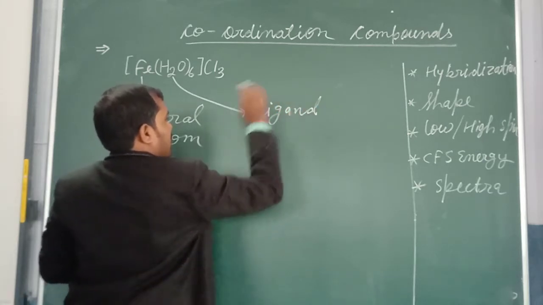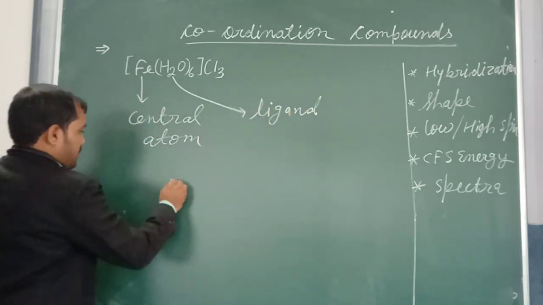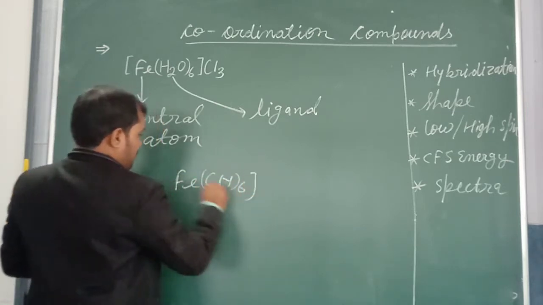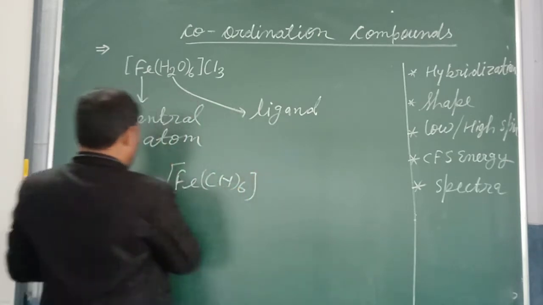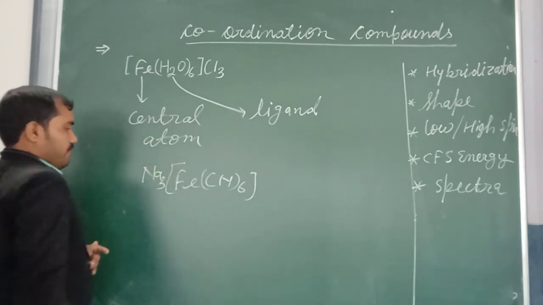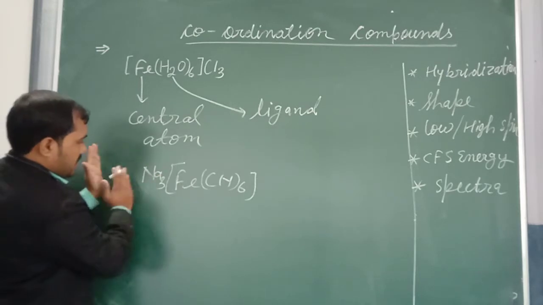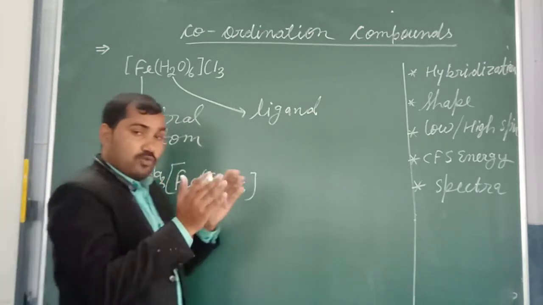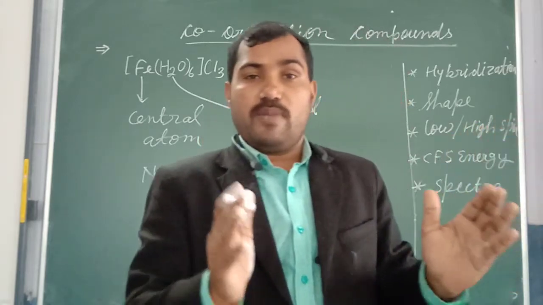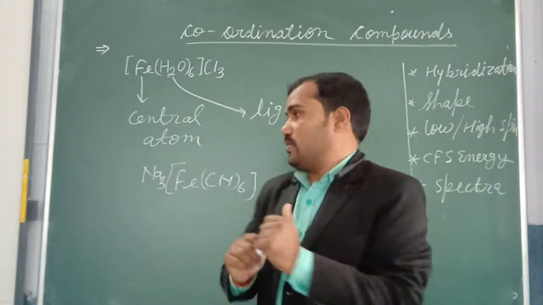Understood? One more example: suppose Na3[Fe(CN)6]. Outside the square bracket is the ionization sphere, and inside the square bracket is said to be the coordination sphere.